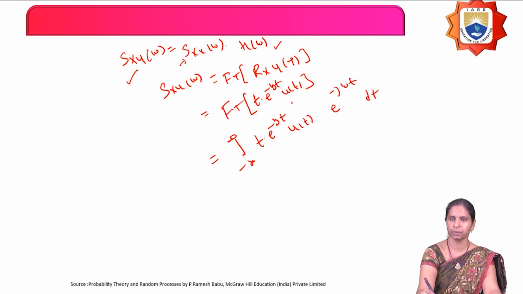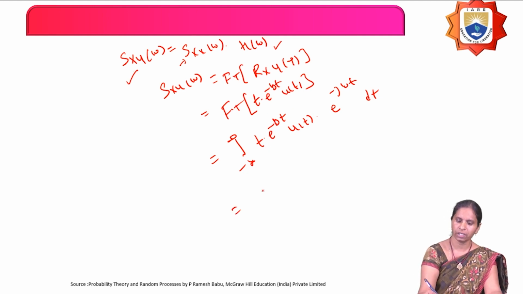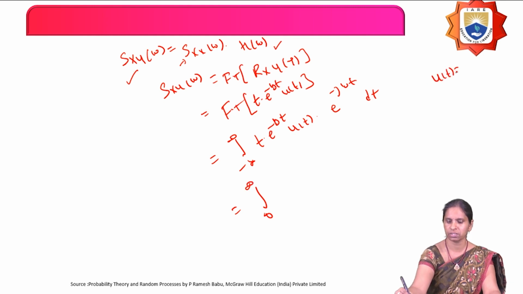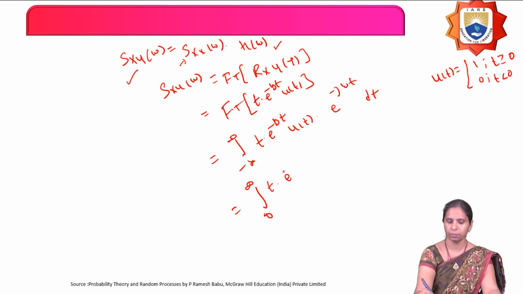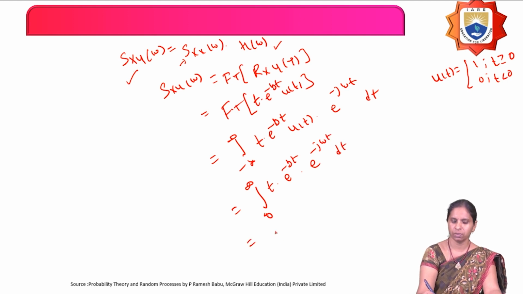In place of x of t, you have t into e power minus bt into u of t. And what is u of t? Only for positive values it equals 1. The unit step function equals 1 for t greater than or equal to 0 and 0 for t less than 0. Therefore, replace the limits from 0 to infinity: t into e power minus bt into e power minus j omega t dt. That equals what?